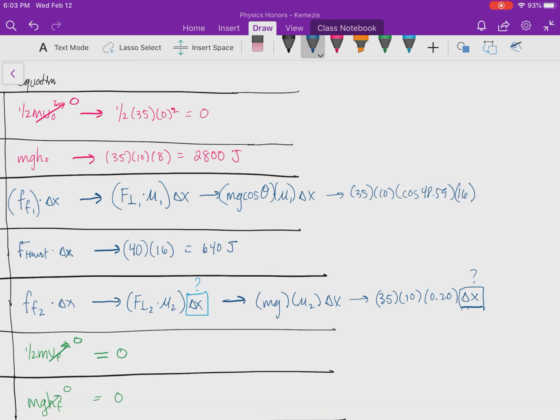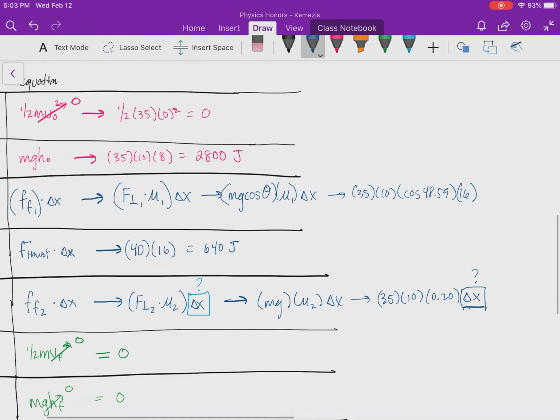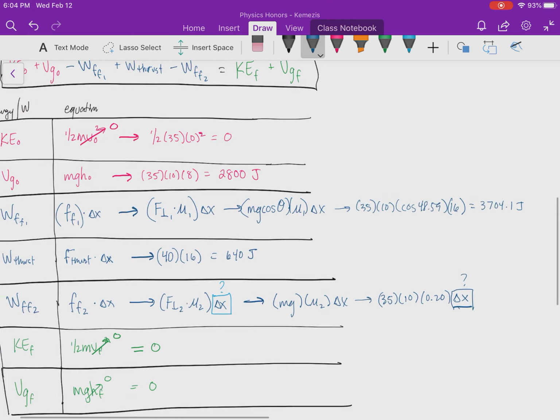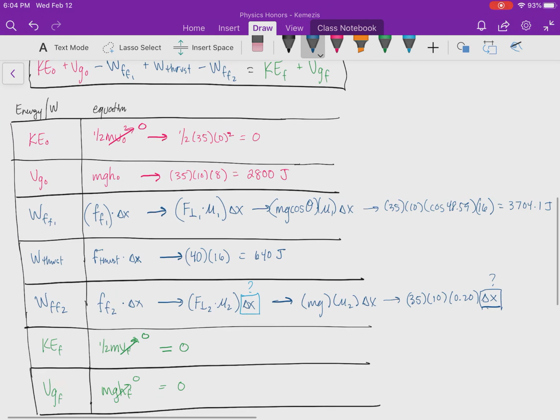I'll take the cosine of that times 10 times 35 times 16. I'm getting 3,704.1 joules.